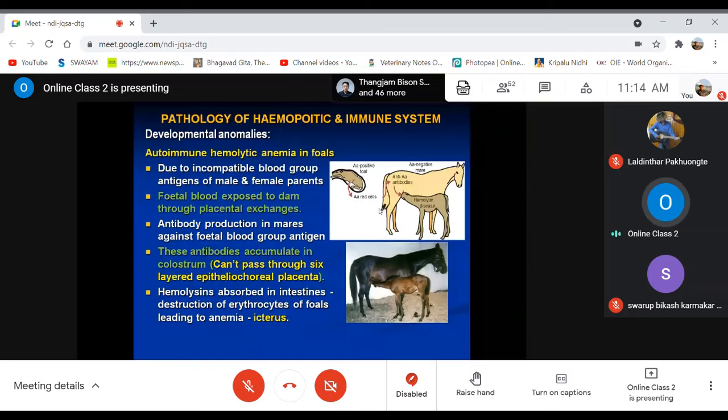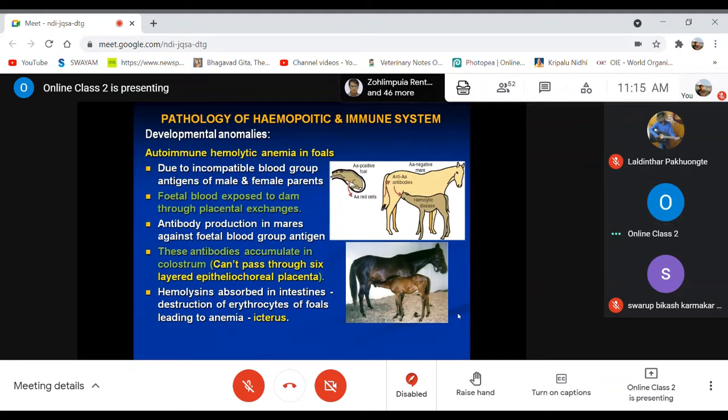blood exchange, there will be production of antibody against this blood group antigen. That means the blood group carried by the fetus from the father will go into the circulation of the mother, that means the mare's circulation. Because it is incompatible with her own blood group, there will be production of antibody.